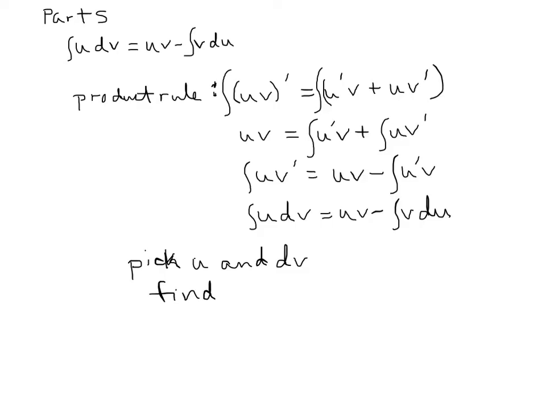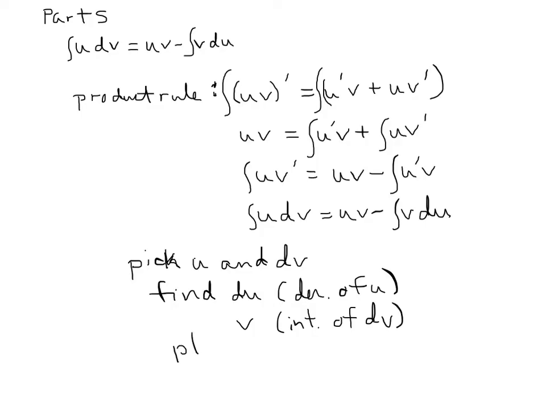Then what you need to do is find du by taking the derivative of u, and find v by taking the integral of dv, and then plug into the formula.